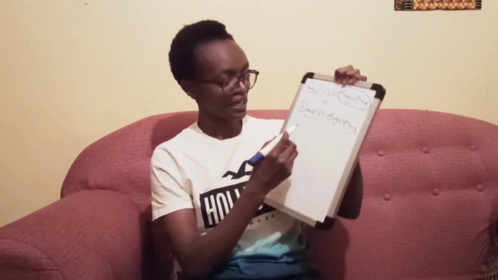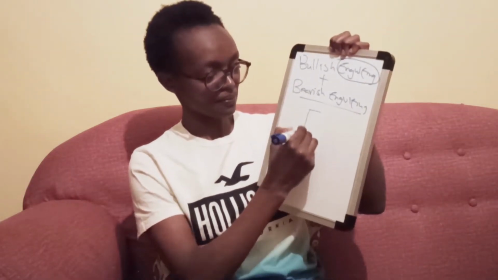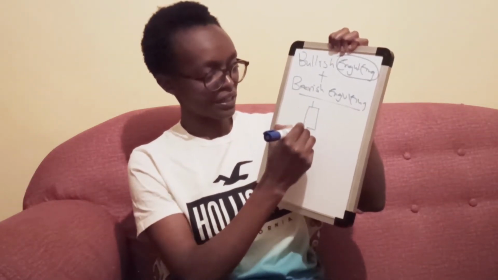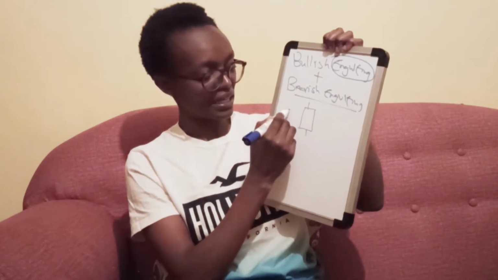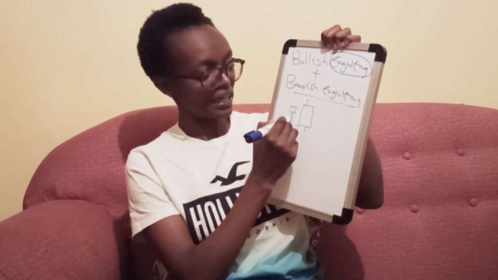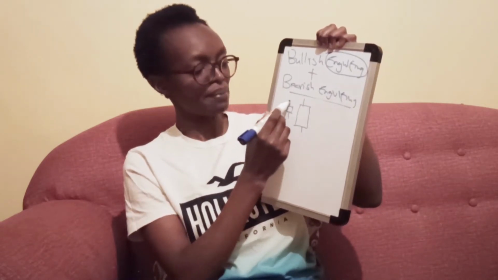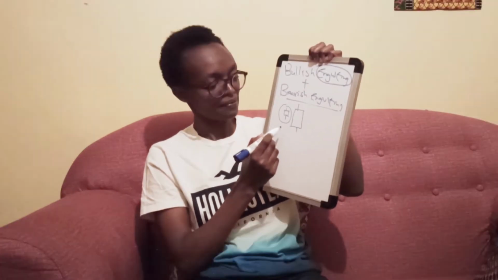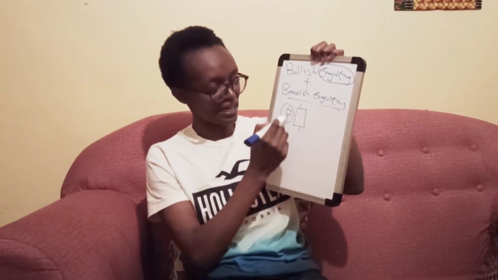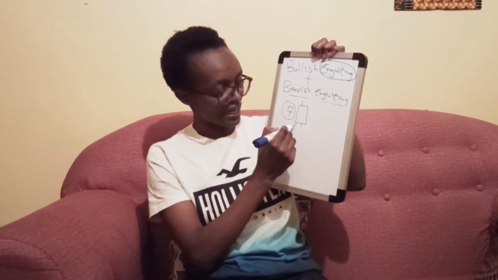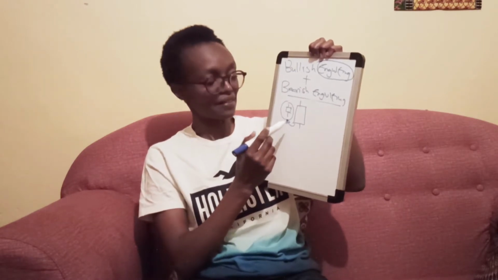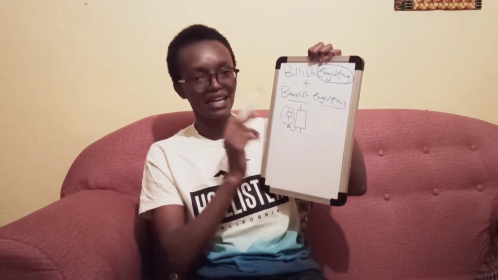When it comes to candlesticks, an engulfing candle looks like this. We have a large candlestick that completely engulfs, or completely covers up, a previously small candlestick.